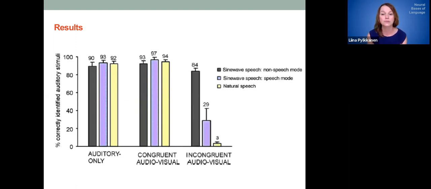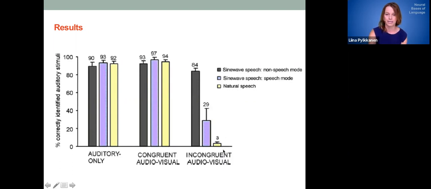And in fact, for the natural speech, your accuracy goes way down. When the articulatory gesture mismatches, you're going to go with the visual percept, not the auditory percept. You're only 3% of the time saying that it is the correct auditory percept despite the mismatching visual perception.